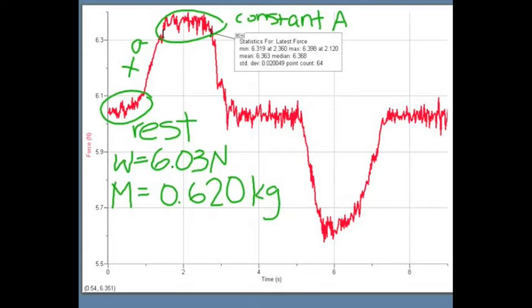This point is also called the lift force. This force is 6.36 newtons.